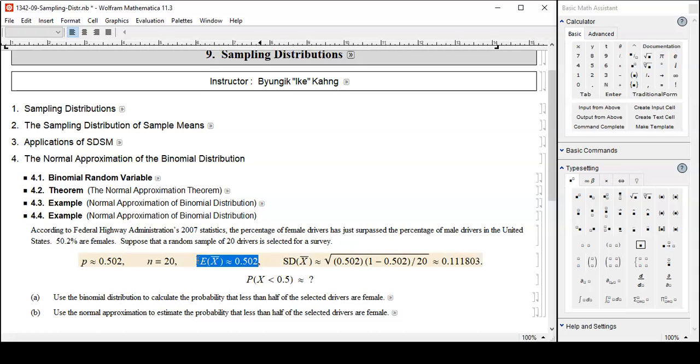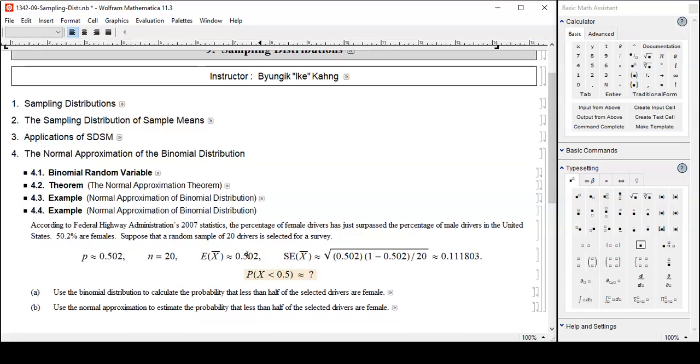Expected value, that's the center, and standard error. As a matter of fact, I should have said standard error, because this is the central limit theorem, standard error, and then less than 0.5. So 0.5, center 0.502. They are really, really close to each other.